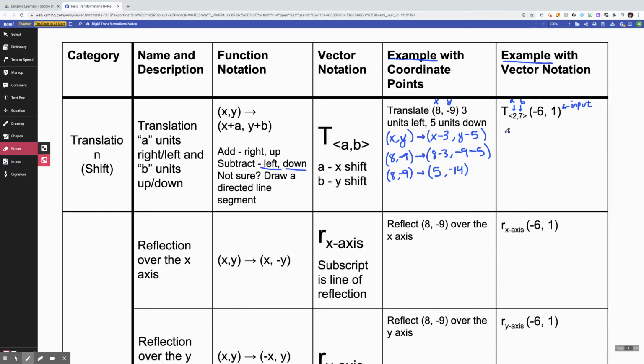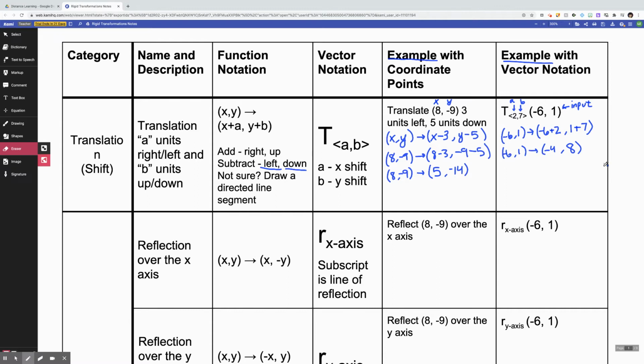Okay, so with vector notation, I know I'm going to add 2, because this is a positive number, add 2 to x, and then I'm going to add 7 to y. So I have -6, 1 becomes -6 plus 2, comma, 1 plus 7. Okay, so -6, 1 becomes -6 plus 2 is -4, and 1 plus 7 is 8.